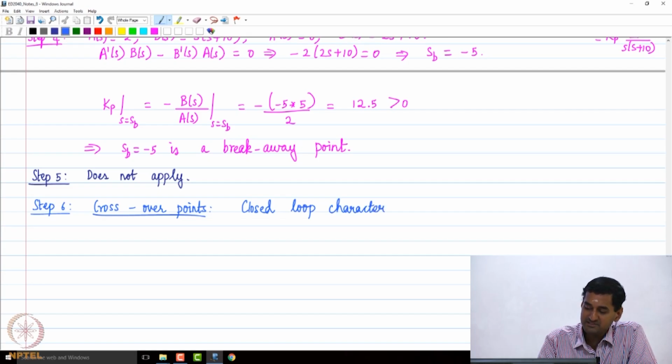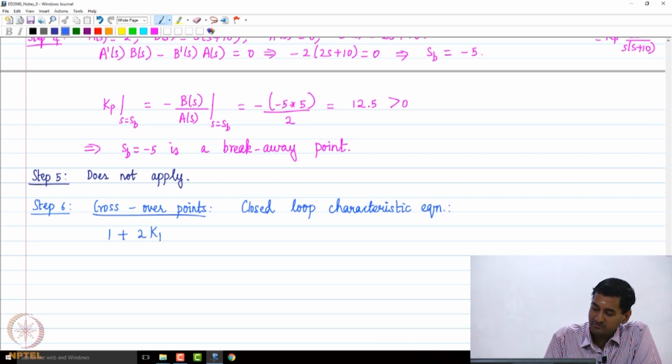It's going to be 1 + G(s)H(s) = 0. In this particular case that is 1 + 2Kp/(s(s+10)). Okay, so we are going to get s² + 10s + 2Kp = 0.